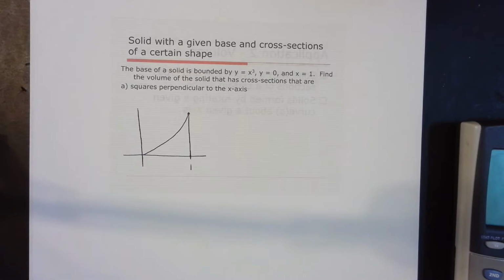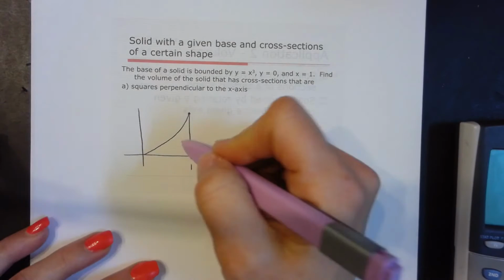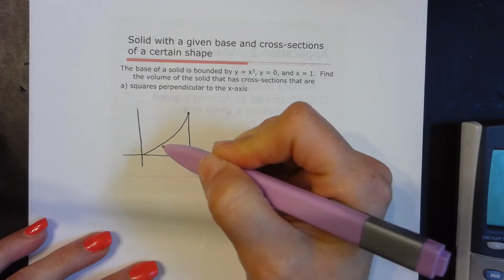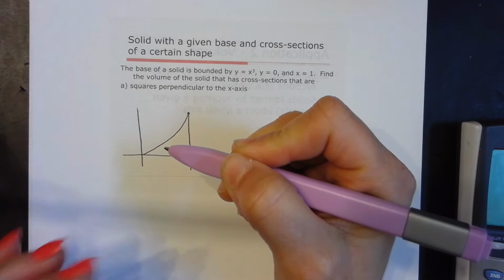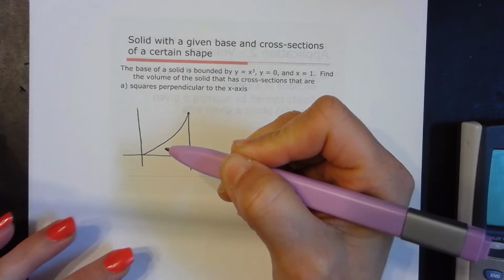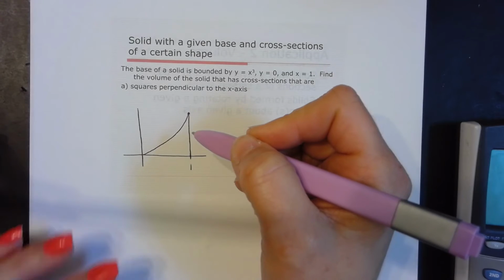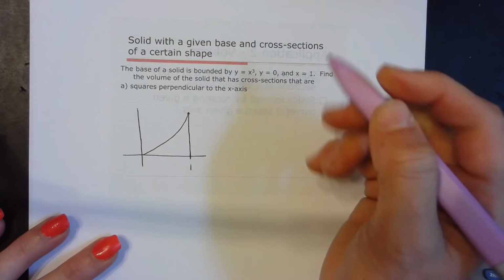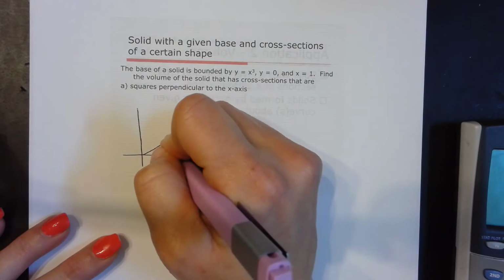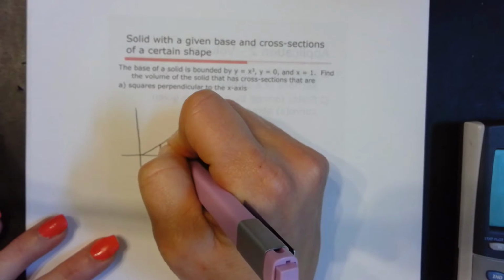Now from that, out of the paper comes the rest of the solid. These cross sections tell us the shape of that solid. If the cross sections are perpendicular to the x-axis, that means I'm slicing the solid this way.